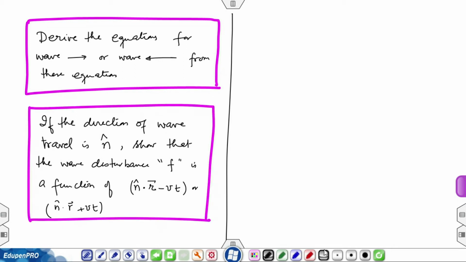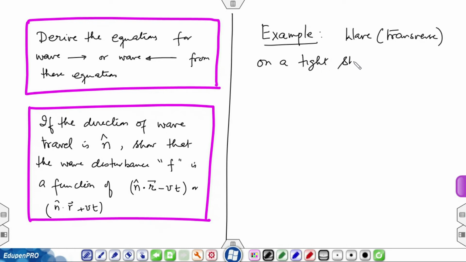Let us now show all this through an example. The example is going to be a wave, which is a transverse wave in this case, on a tight string. You studied this in your 12th grade, in your BSc, MSc, all over, but this is a nice example. So, suppose I have a string which has tension T and mass per unit length equals mu.